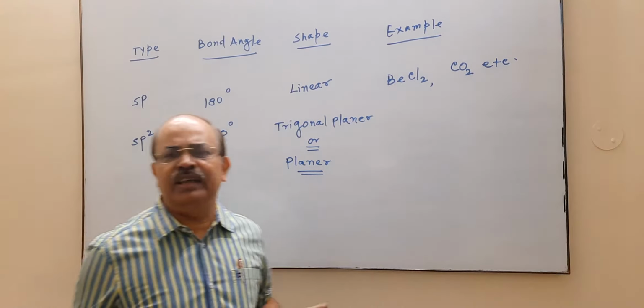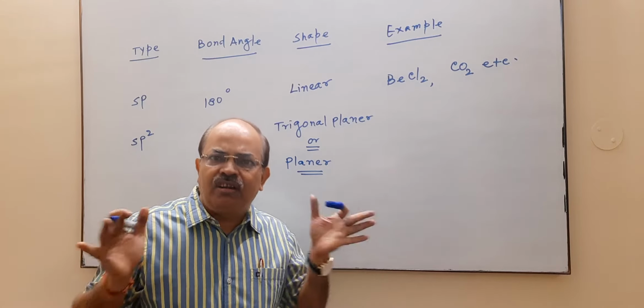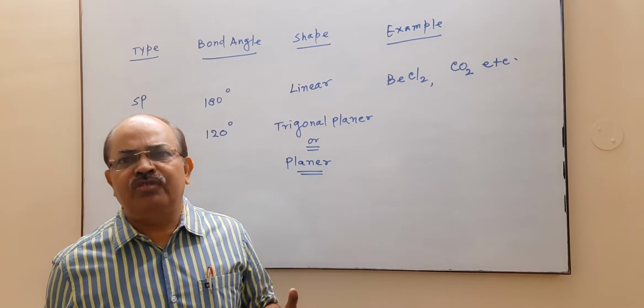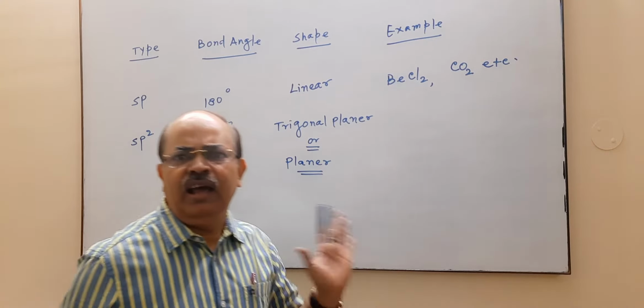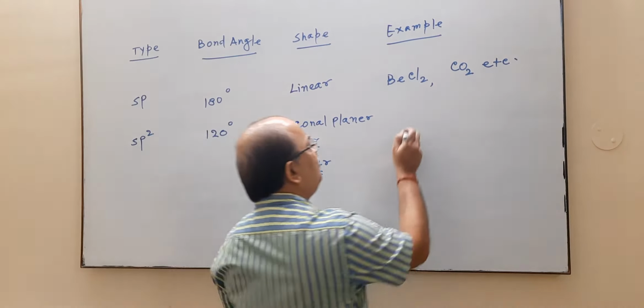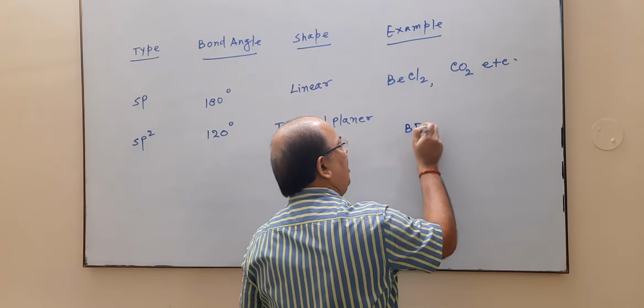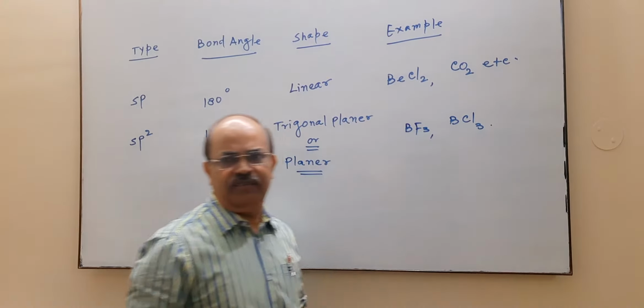Some people say triangular planar. Whether you say trigonal planar, triangular planar, or simply write planar, it has the same meaning. Examples are boron trifluoride, BF3, and BCl3.